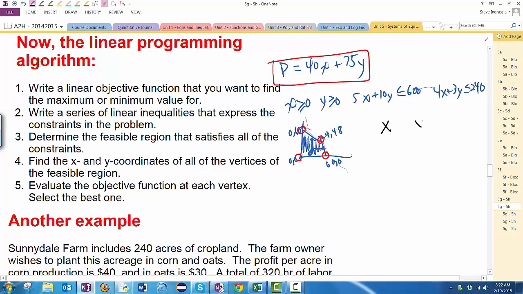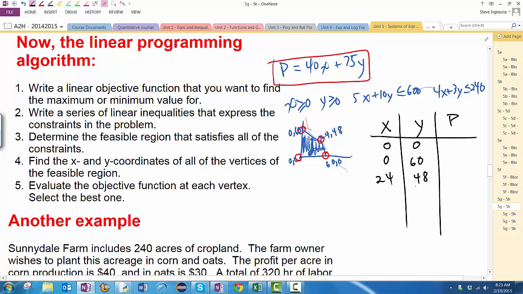Here's my x, here's my y, here's my objective function, in our case profit. I'm going to write down all the possibilities: (0, 0), (0, 60), (24, 48), and (60, 0). Now I evaluate the profit for each of those. When I make no desks and no bookcases, my profit is 0.